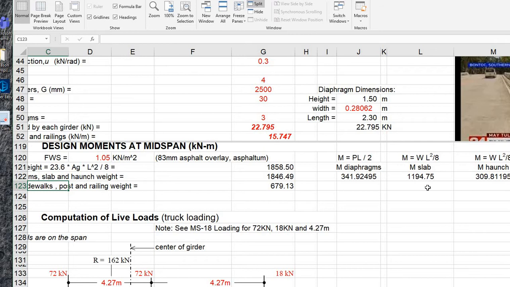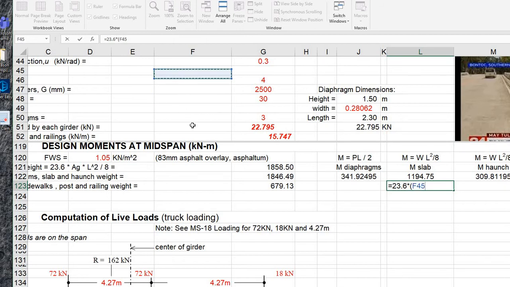moment due to slab. Again, that is WL squared all over 8. First is, kukunin natin yung uniform load na W. And that is 23.6. Take note that slab is concrete. Multiplied by area. Ano ba yung area na yan? It is thickness of slab.